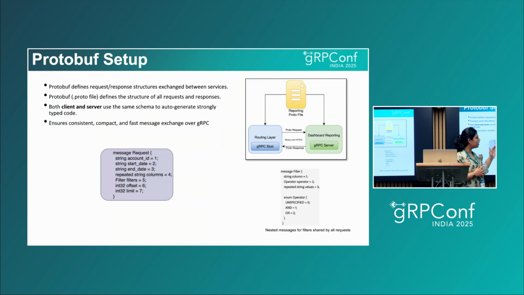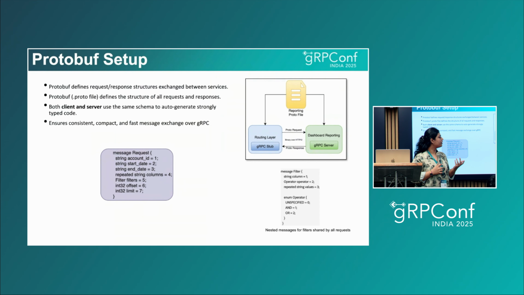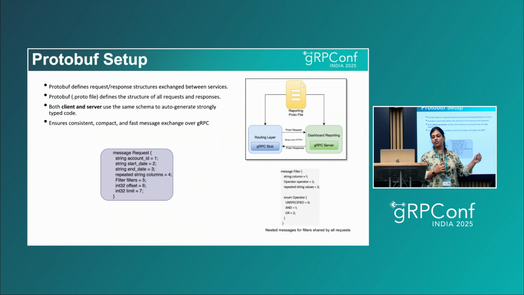In itself, it has enum operators specified. That is, if it's a logical operation, is it an AND filter or an OR filter? In the case of certain filters, if you want to check for in-conditions, equality, etc., that can also be specified in these message filters, so that the contract becomes more strongly typed and there is no way a request that doesn't make sense can be sent.